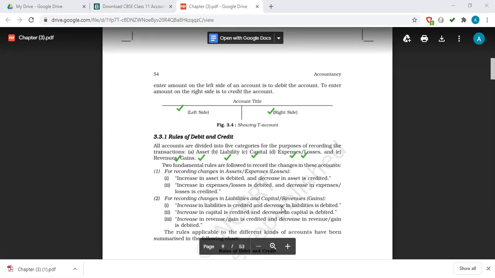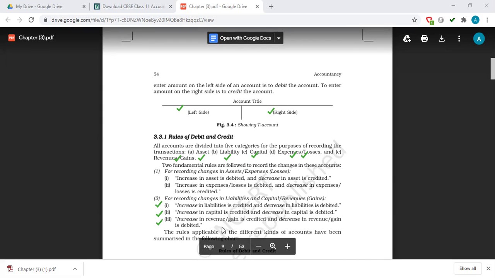For recording the change in liability, increase in liability is credited and decrease in liability is debited. Right? In the same way, increase in capital is credited because liability is written on the credit side. That's why. And decrease in liability is debited. Increase in revenue is credited and decrease in revenue is debited. So you have to remember this.